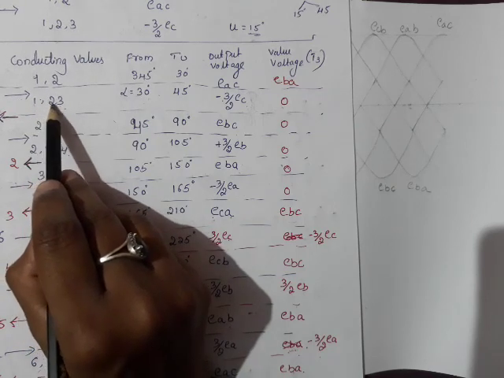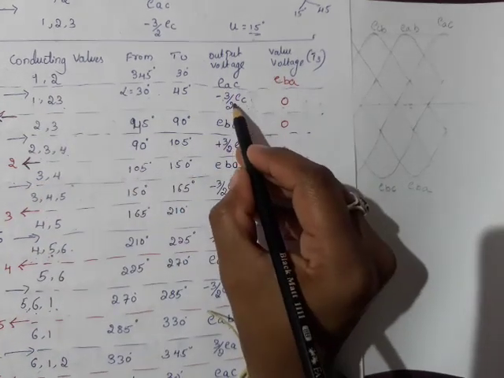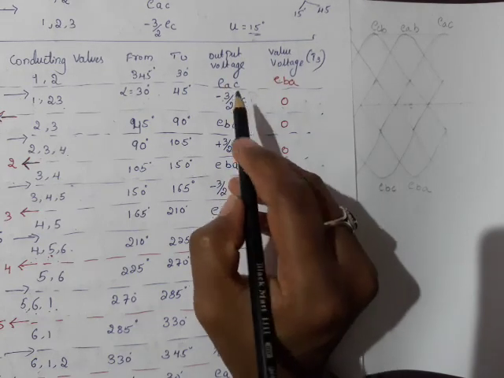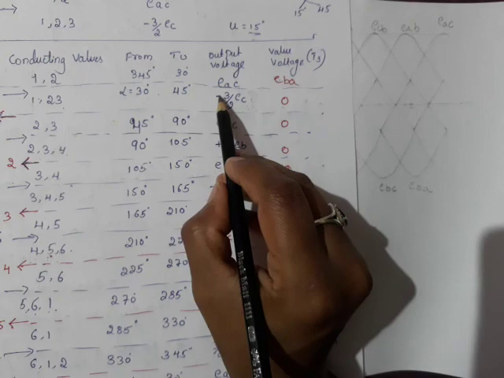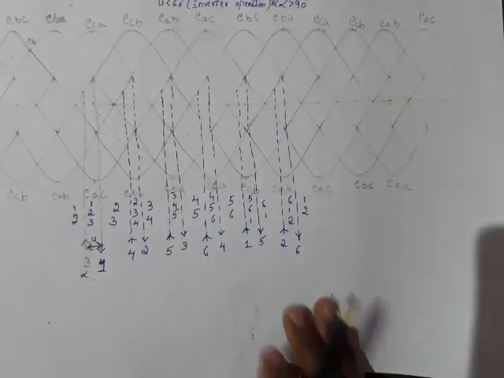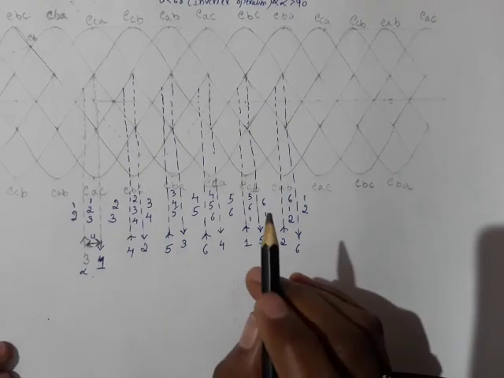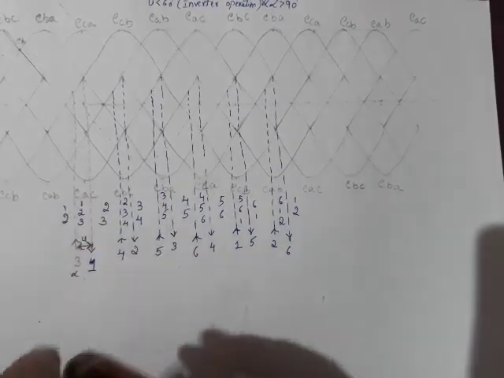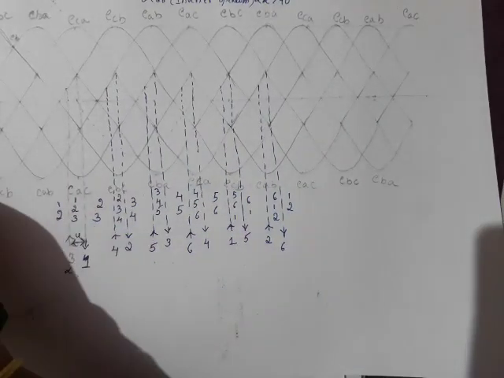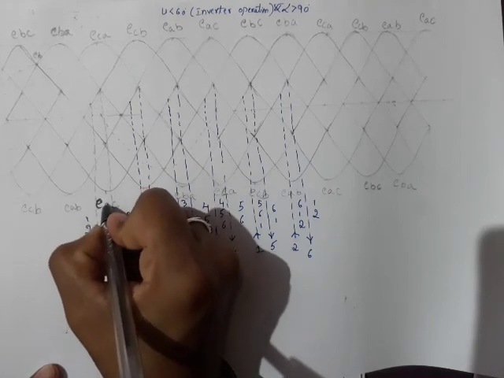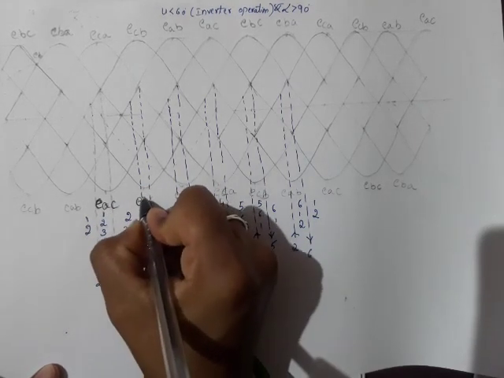When valves 1, 2, 3 were conducting, we are getting the phase voltage. This is line voltage, this is phase voltage. Output is a phase voltage, that is minus 3 by 2 times of EC. To get minus 3 by 2 times of EC, we have to look for C voltage. See here, this is EAC, this is EBC.